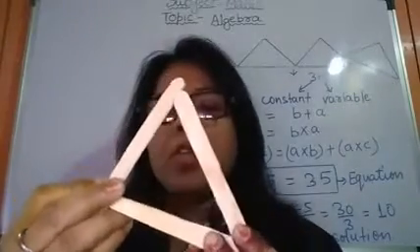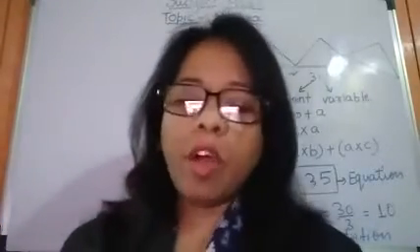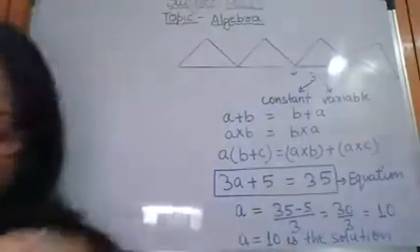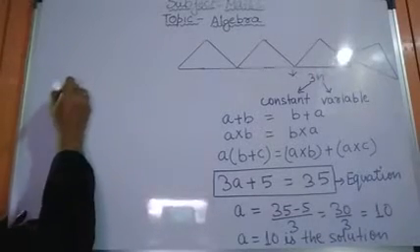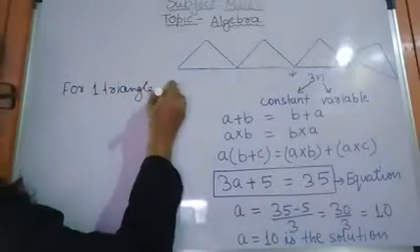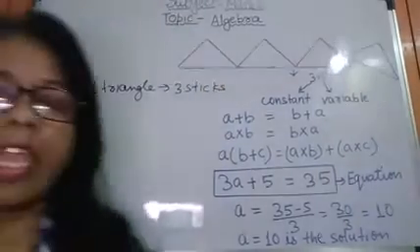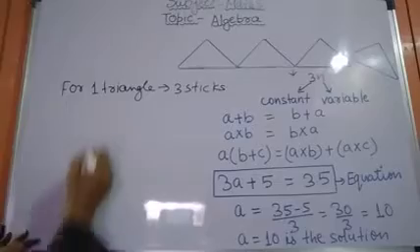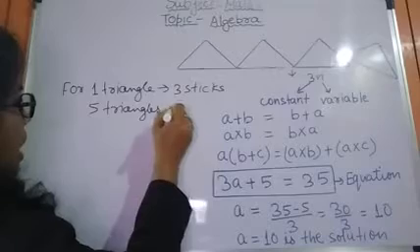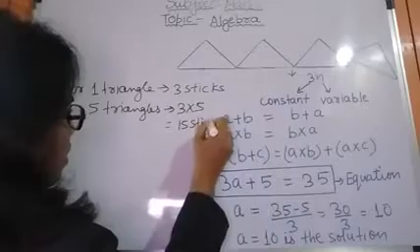So for making one triangle, 3 sticks are needed. Okay, I want to make 5 triangles. So how many sticks are needed? 3 multiplied by 5, that is 15 sticks.